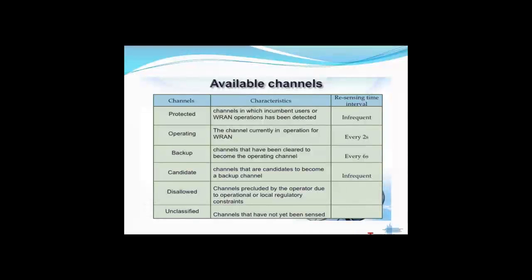If a channel is ready to be used by a secondary user but not yet being used, it is classified as a backup channel. If a channel is not used by a primary or secondary user and is not yet a backup channel, it is termed a candidate channel. And finally, channels which are not sensed are classified as protected channels.